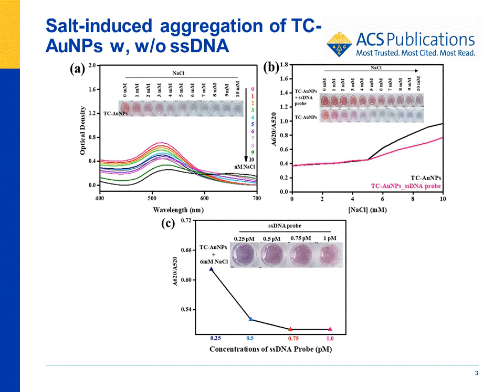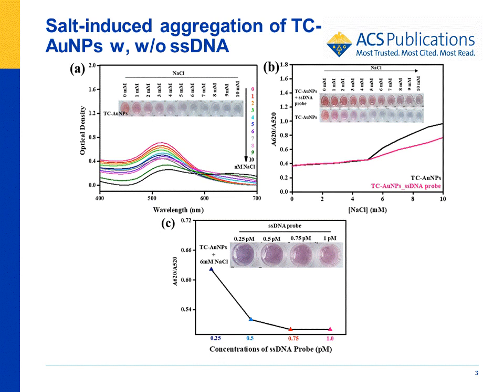This redshift was due to the increase in the electronic conjugation between the nanoparticles, leading to the aggregation of the TC-AuNPs. No significant color change was observed up to 5 millimole NaCl, indicating this as the stability limit. A change in color from red to blue was observed in the media at a NaCl concentration greater than 5 millimole as a result of the salt-induced AuNP aggregation.